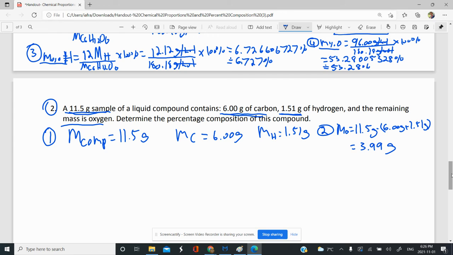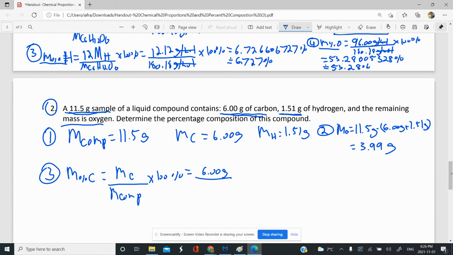So now our step 3 is to find the mass percent of any of the elements. Let's just do carbon first. It's going to be the mass of carbon over the mass of the compound times 100%. And so we'll get 6.00 grams over 11.5 grams times 100%.